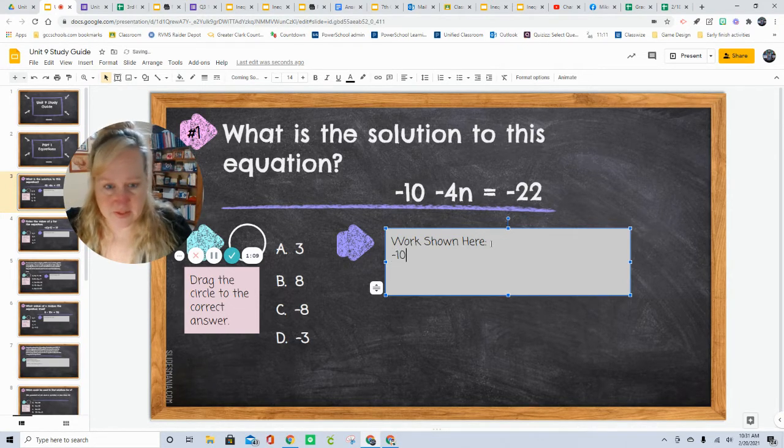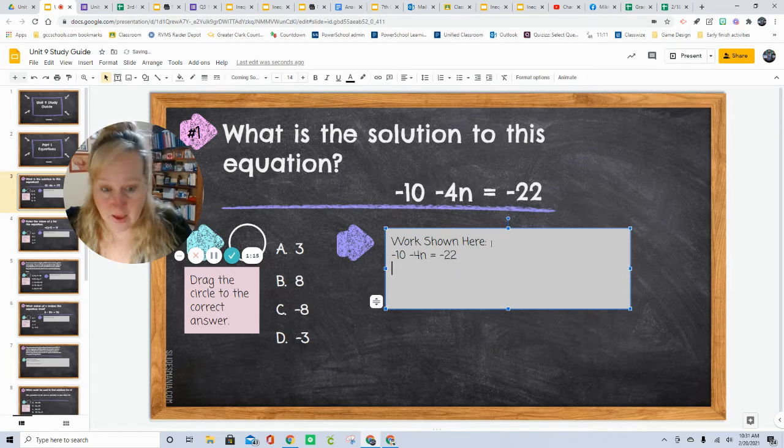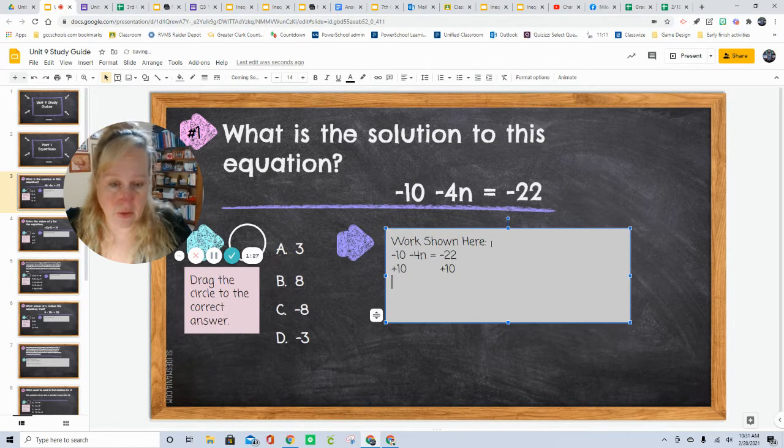So if I have negative 10 minus 4n equals negative 22, I'm going to add, so use that inverse property of 10 to both sides to eliminate and continue to isolate the variable. When I do 10 minus 10, I get 0. So I'm left with negative 4n equals negative 22 plus 10 is negative 12.